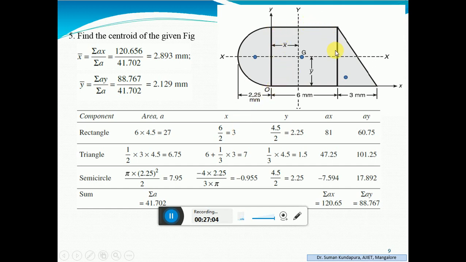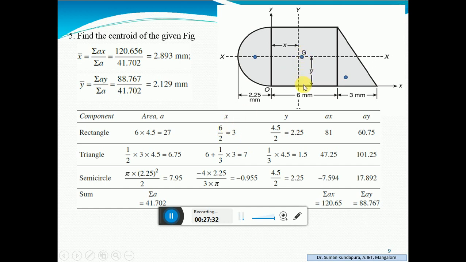The first one is the rectangle. Find out the area of the rectangle. 4.5 into 6, which is equal to 27 for this rectangle. Next, go to the x distance with respect to the y axis. What is the x distance? You know, for a rectangle, the CG will lie here, and this distance is what? 6. 6 divided by 2 is nothing but 3.